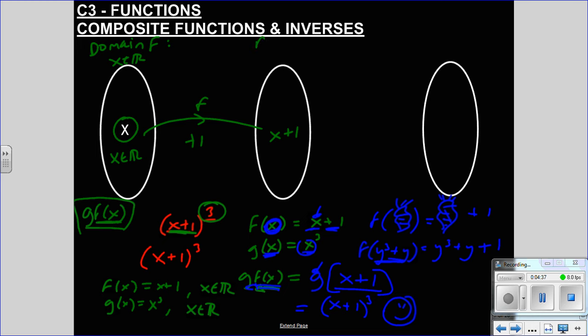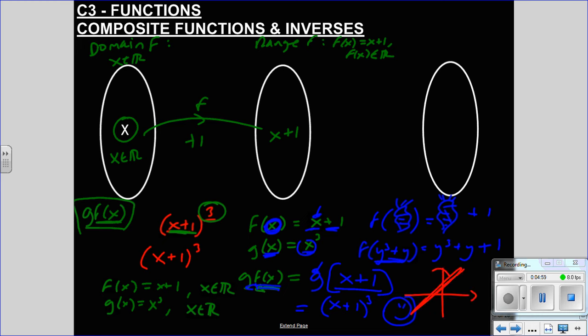So my range of f becomes f of x equals x plus 1. Let's think about it: if x is all real numbers, and then I add 1 to all those real numbers, then my range is going to be all real numbers. Let's think about it.